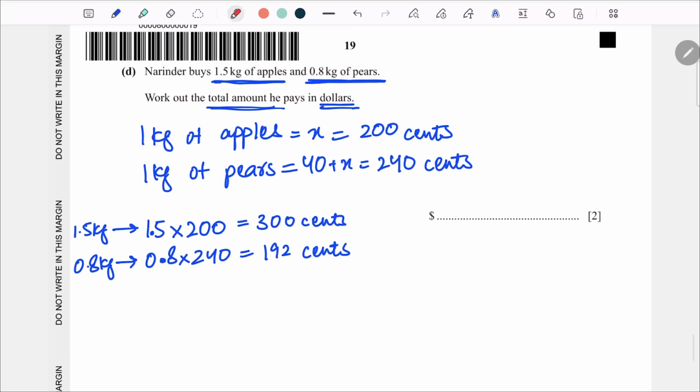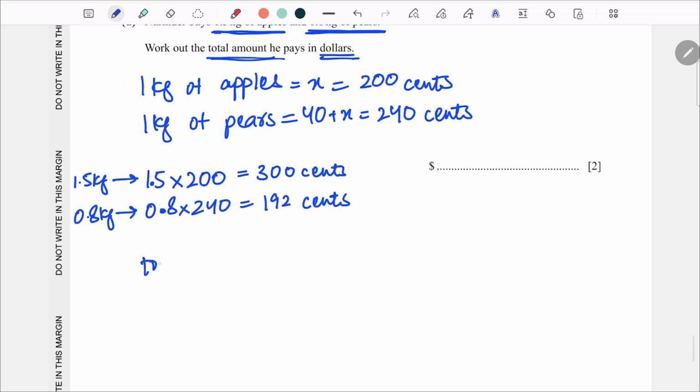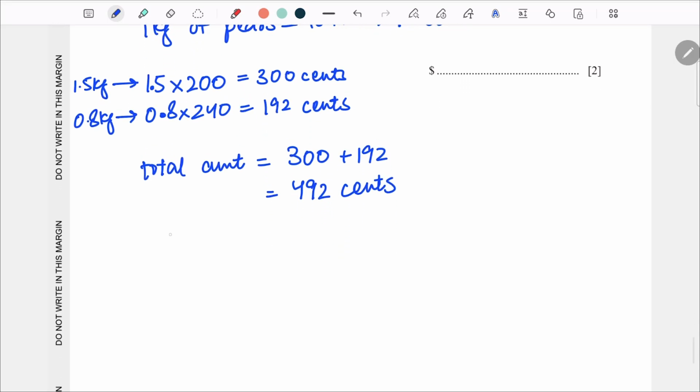Now work out the total amount he pays in dollars. First I'm going to find the total amount in cents. So the total amount is equal to 300 plus 192, and this is equal to 492 cents. Now in order to convert cents to dollars, $1 is equal to 100 cents.